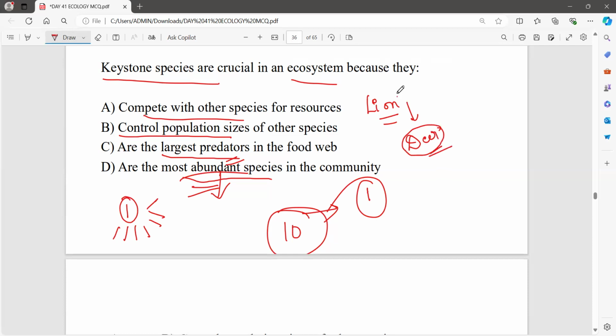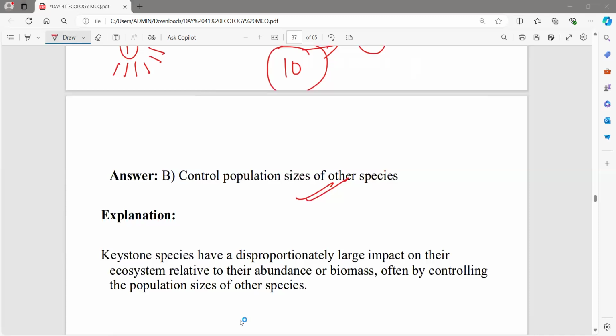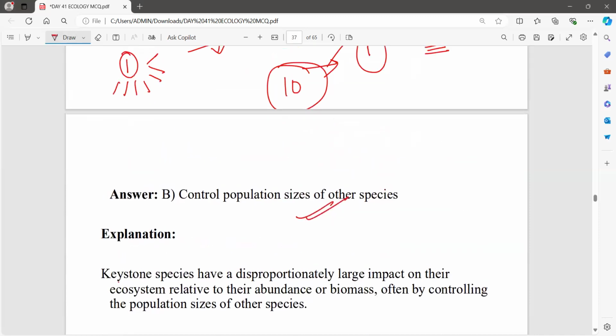If the deer is not eaten completely by the lion, there will be certain remains, and those remains will be eaten by other organisms in the same ecosystem. So this is the one controlling the population size of the other species. That is the most important thing related to the keystone species. Remaining questions, kindly solve on your own.